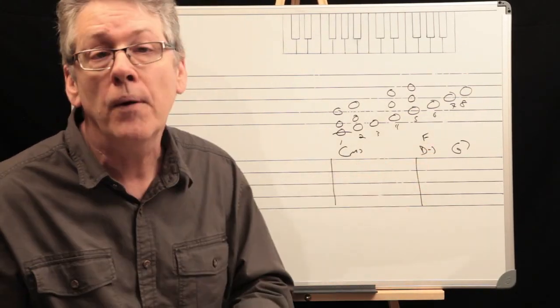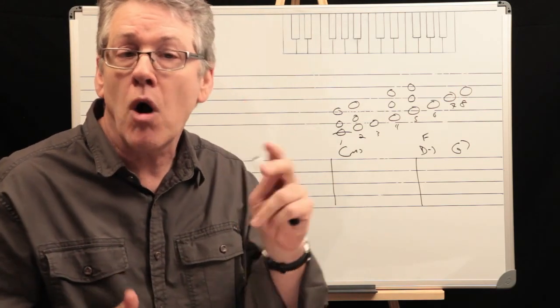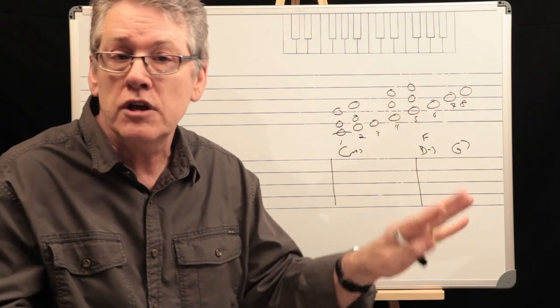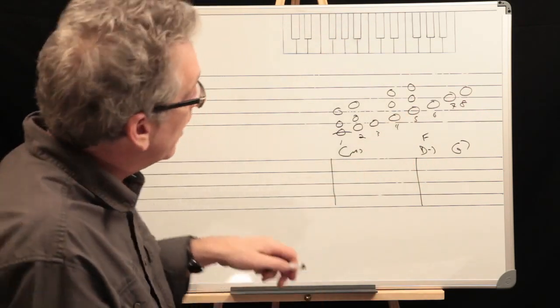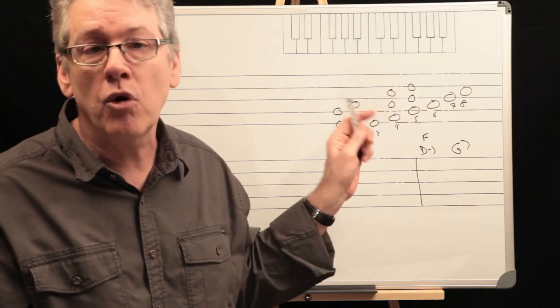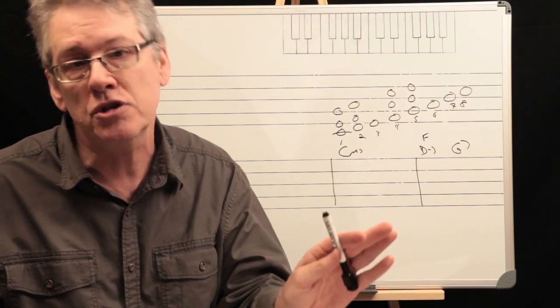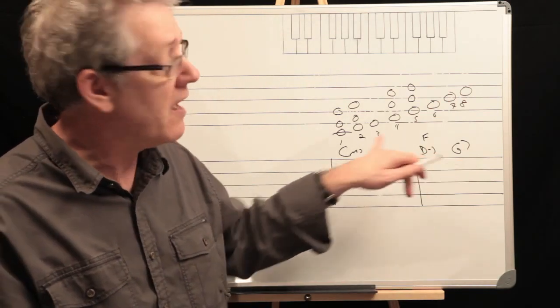So the 2 chord, or the 4 chord, depending on style. Rock and roll is 4, and the 2 chord is more jazzy, a slightly different flavor. That's the third most important chord, because the 2 or 4 always wants to go to 5 most of the time, 99% of the time, and 5 wants to go to 1.